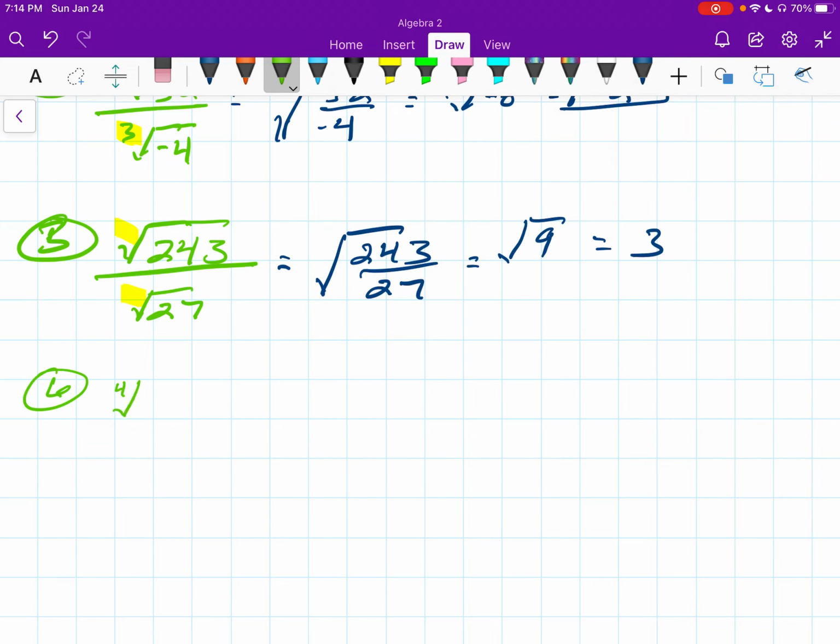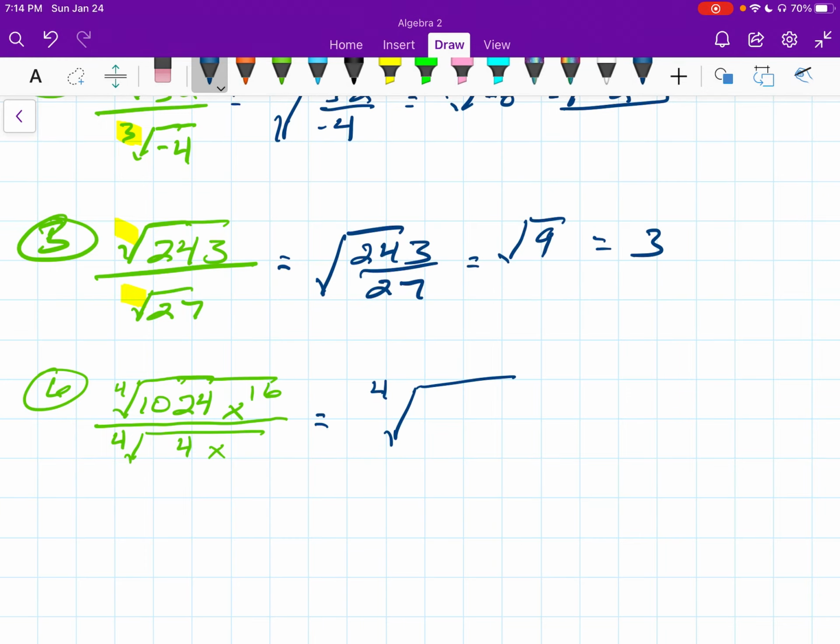So here it gets slightly more complicated. We have a variable in our denominator. Well, we have a variable in general. We haven't done that yet. The rules still apply for variables as for regular numbers, right? So both of these are fourth roots. So I can put those together, 1024 x to the 16th over 4x.